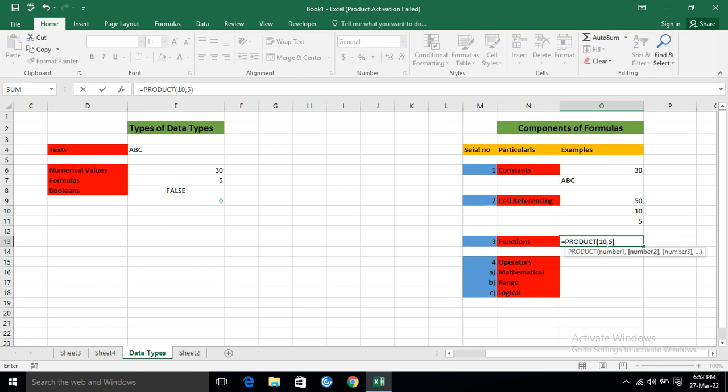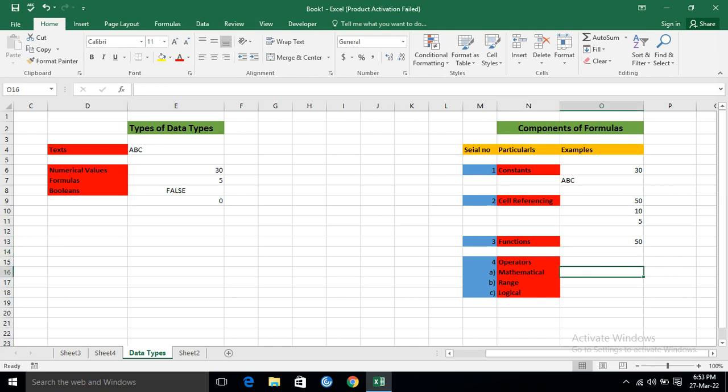Suppose if I enter this comma 5, see, now the answer is coming to 50. One more thing over here, we can also select this in a continuous format. Suppose if I select this, and then bracket close, then we also get the same answer.